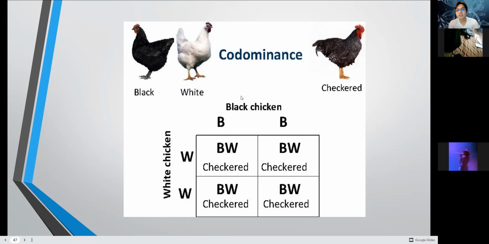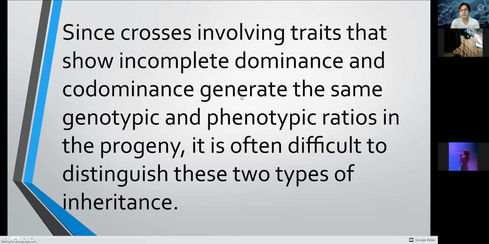But in this case, in codominance, you can observe that the progeny has black and has white because they are equally strong. It actually manifested in the offspring. You can observe it in the offspring. That's codominance, right?